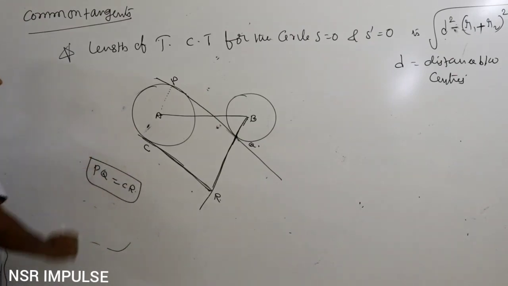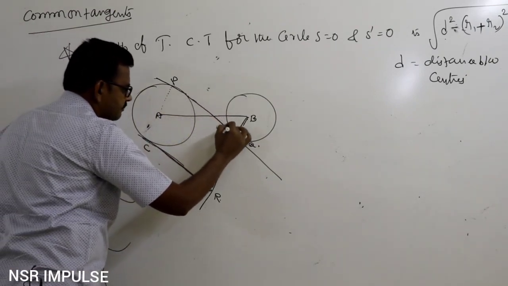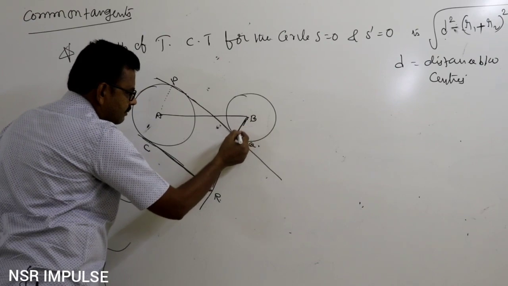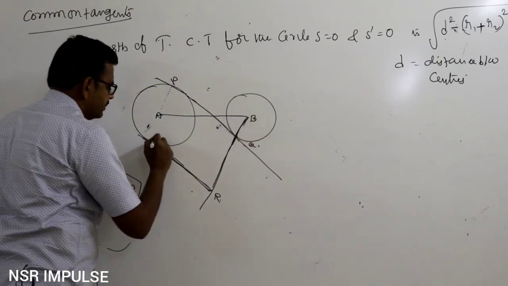Both are the same. This is the tangent, and this is the normal. These two are perpendicular.